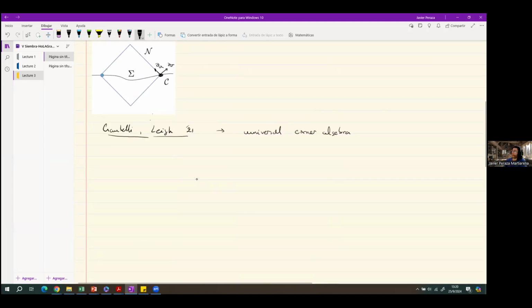So if you have M of dimension n and the corner has codimension k, then the universal corner group is the following one: the diffeomorphisms in the corner, Diff of C^(n-k), times GL(k,R), and this times R^k.